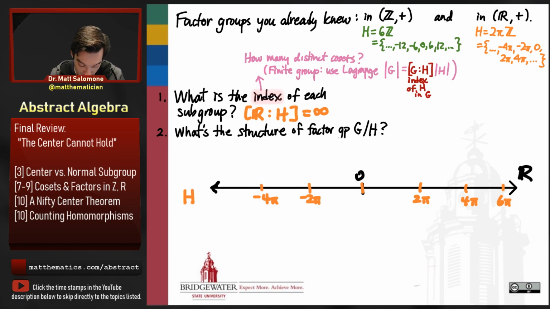But how do I understand what this factor group actually is? So if I pick an element in my factor group, I'm going to call it theta.